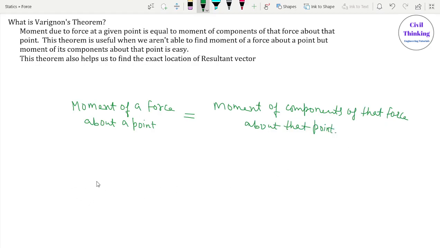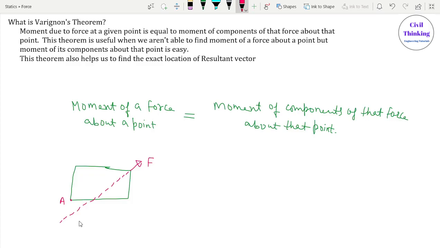Now for example, let us say you have a body something like this, and a force F is acting here. Now this is the point A. Now the moment of this force about point A, let us say this is the line of action of this force. Excuse my handwriting, it's a straight line.